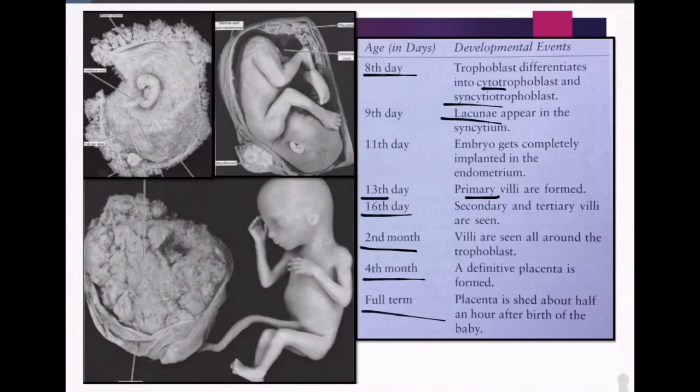But this is a beautiful picture from Langman's. This is what it looks like. This is a full term placenta connected by the umbilical cord. This is the fetus inside the uterus, and you can see the placenta at this region, right? So we just went the other way around. This is full term. This is also around 18 weeks.